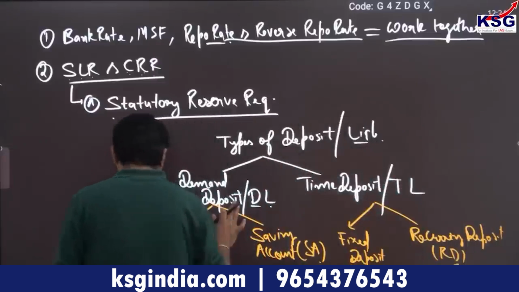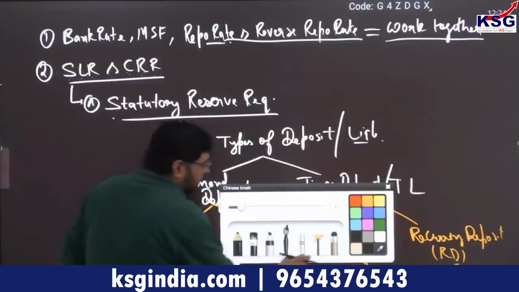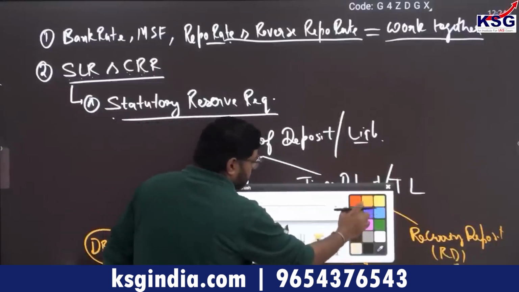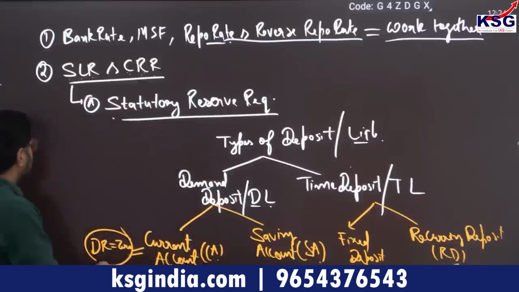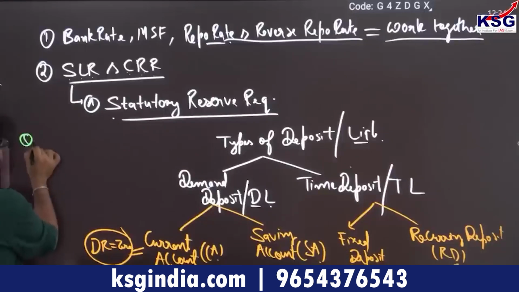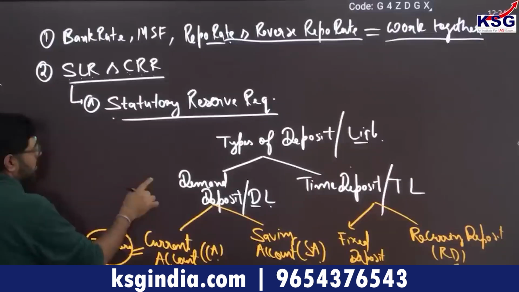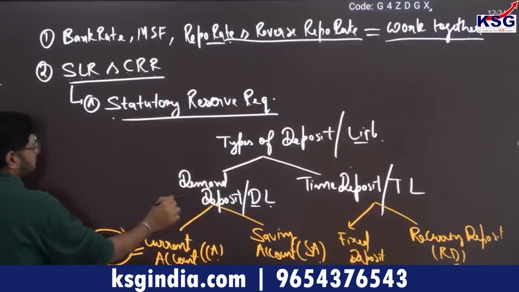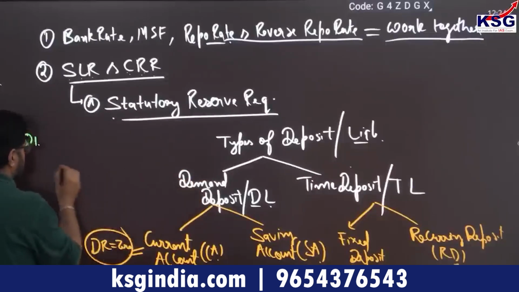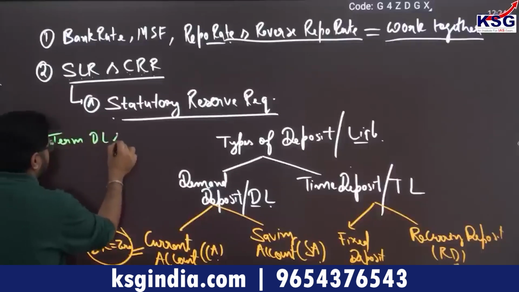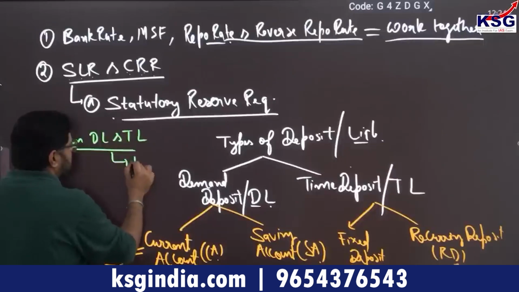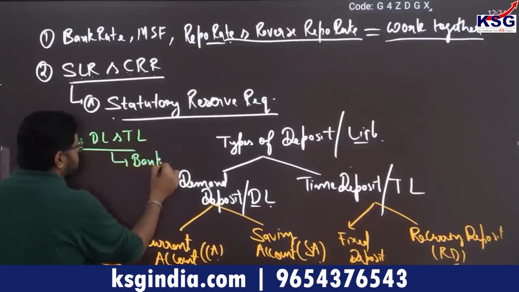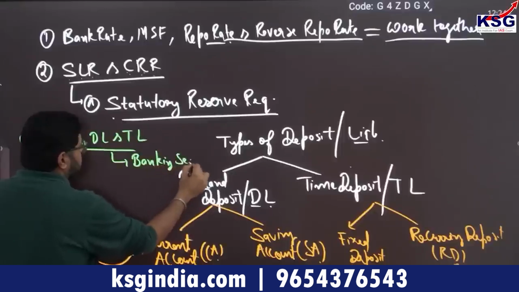Now UPSC asks very simple questions, provided your concepts are clear. Once they asked: the terms DL and TL, meaning demand liability and time liability, remain in the news. It is related to which sector? No doubt it is the banking sector.